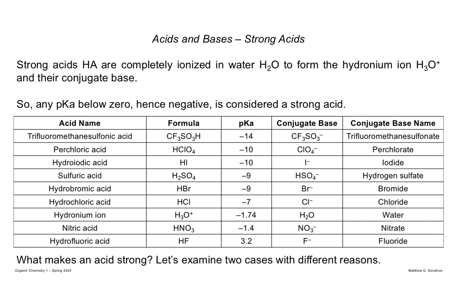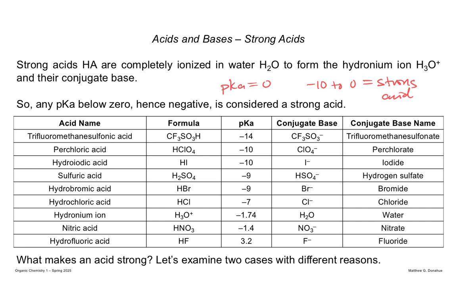The point to remember is pretty easy: from negative 10 to 0, those are your strong acids. From 0 to 50, those are the weak acids, and they encompass all the organic functional groups that we've learned.